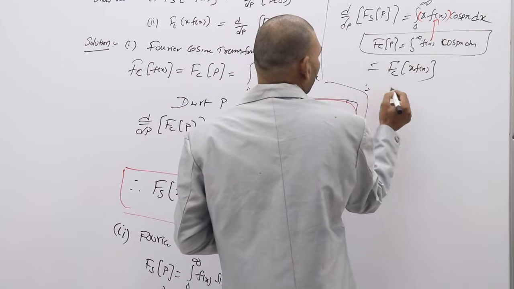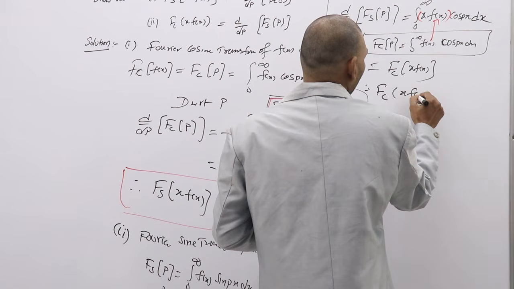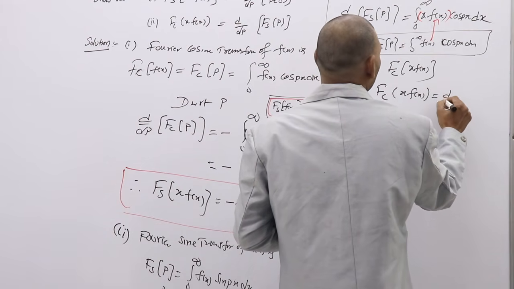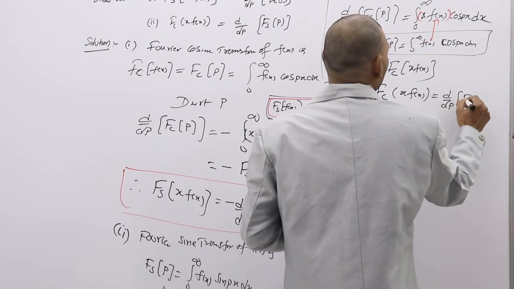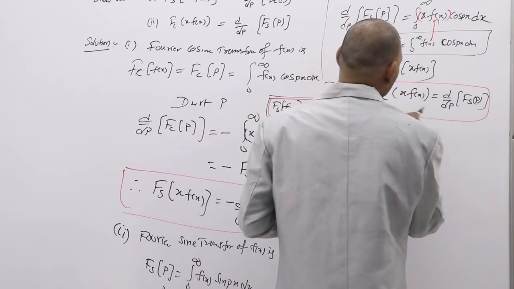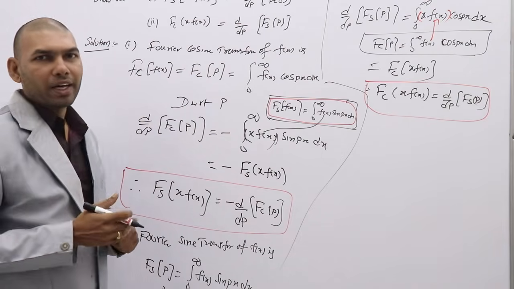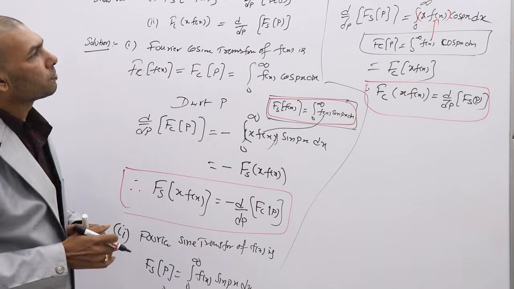So finally what you will get is fc of x f of x equal to d by dp of fs of p. Any doubts you may express. This is the second one we needed to prove. Anywhere, any doubts you may express. Okay.